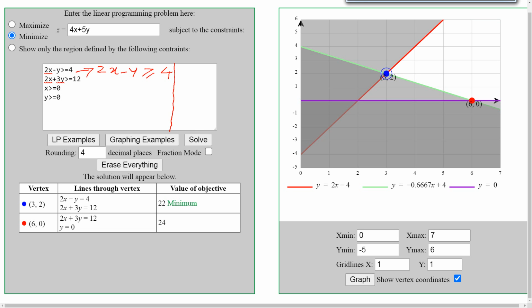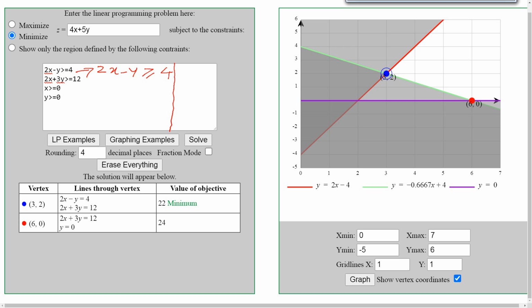Any line divides the plane in two parts, origin side and non-origin side, provided that the line does not pass through the origin. If the origin satisfies the constraint, then we shade the origin side. If the origin does not satisfy the constraint or inequality, then we shade the non-origin side.